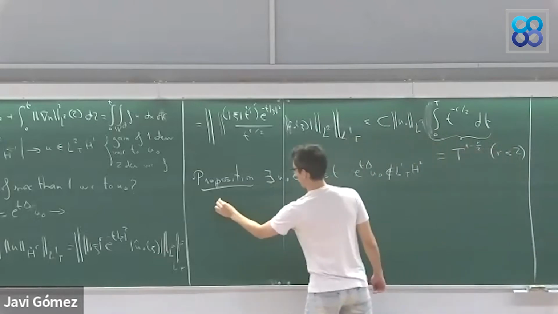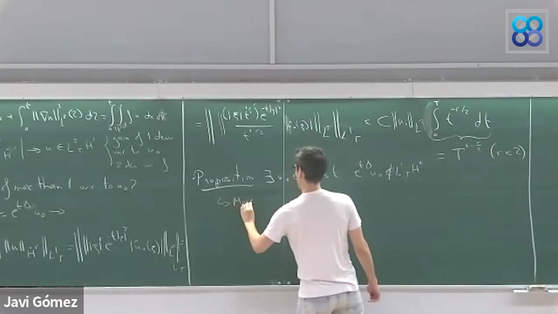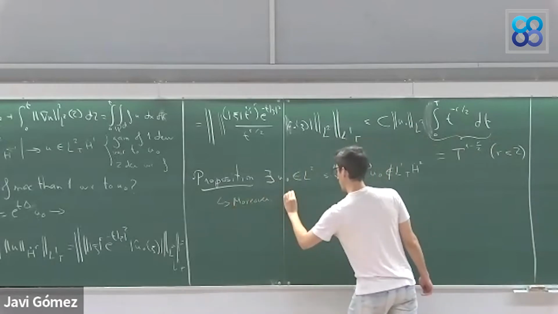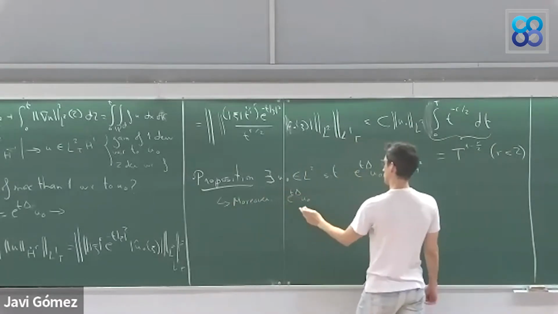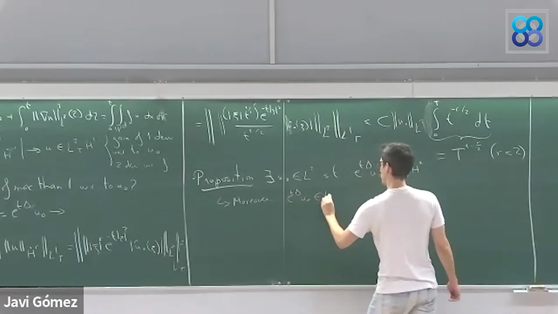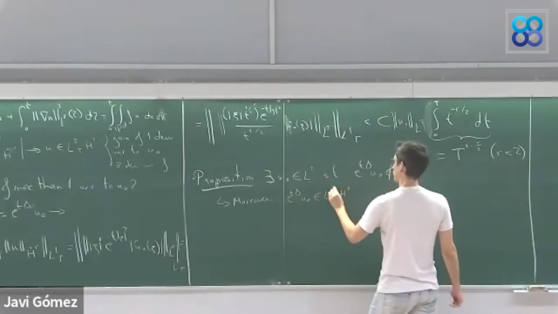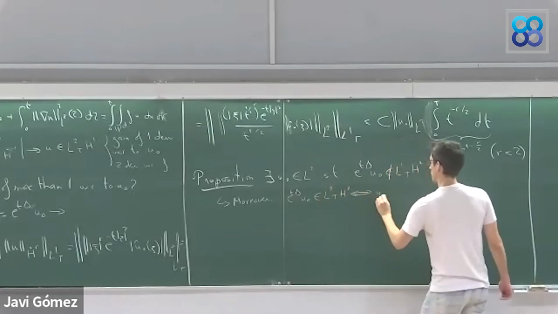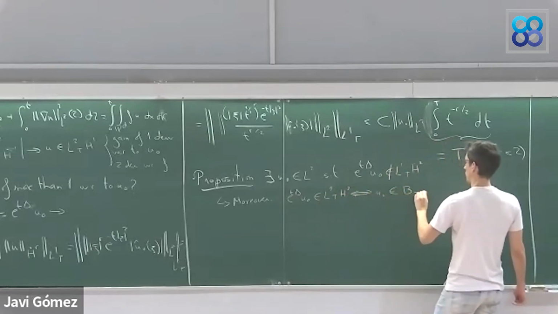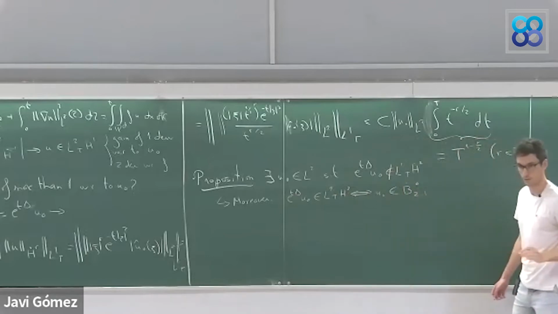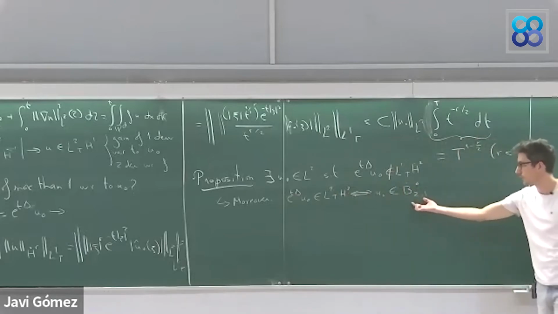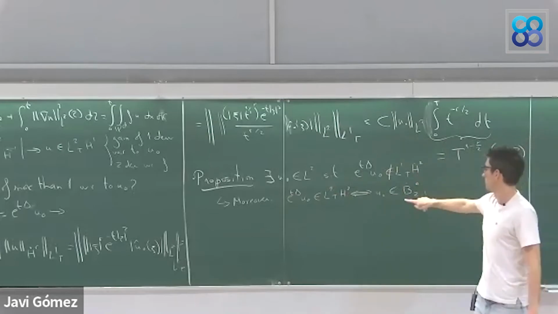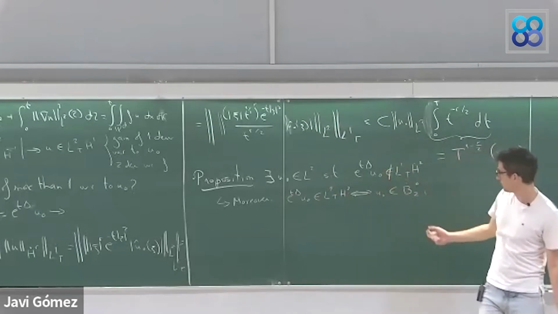And we can in fact prove something stronger, which is that this solution belongs to L1 H2 if and only if the initial data is in the Bessel space B^1_{2,1}. And this, remember, was a smaller space than H. So this one implies a one, right?